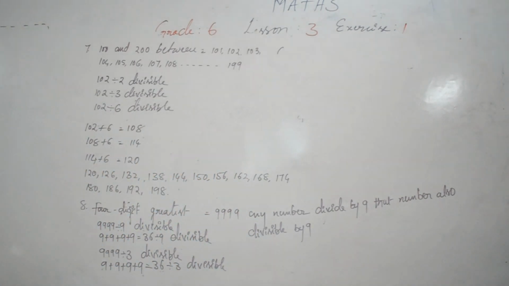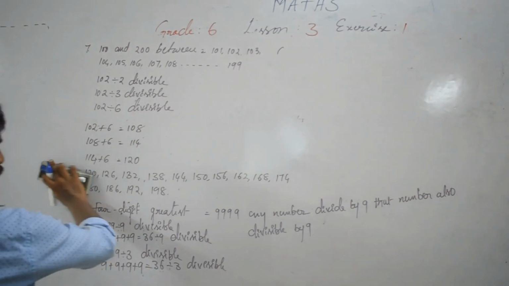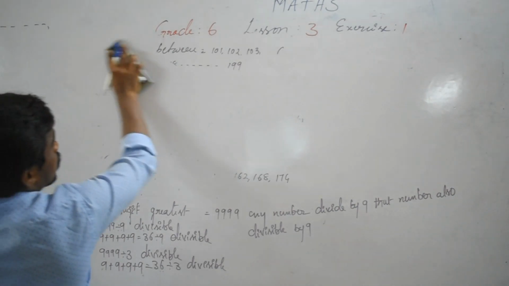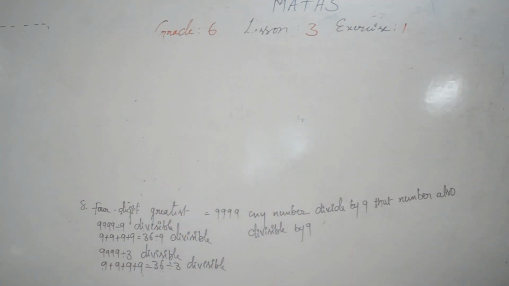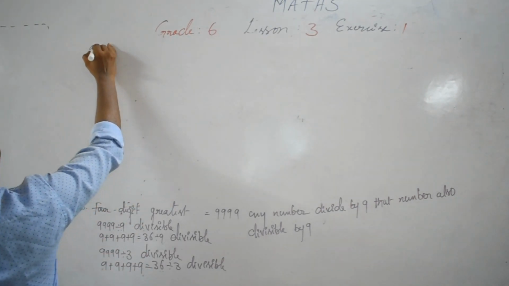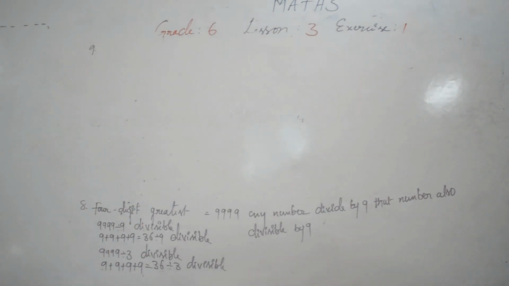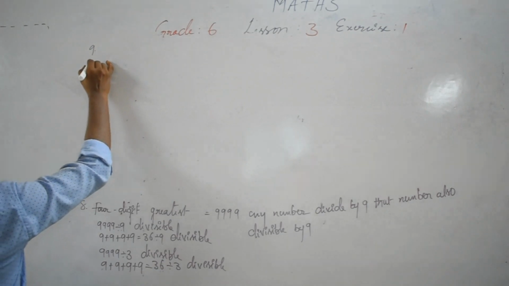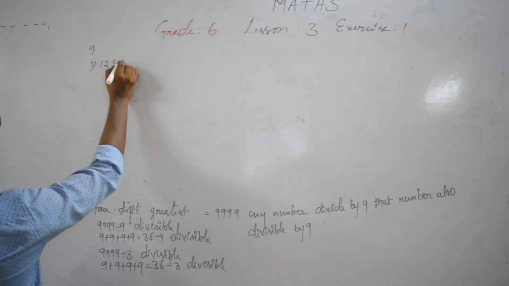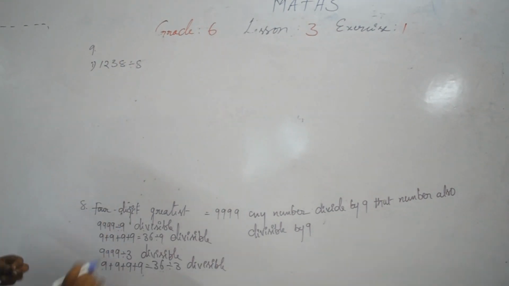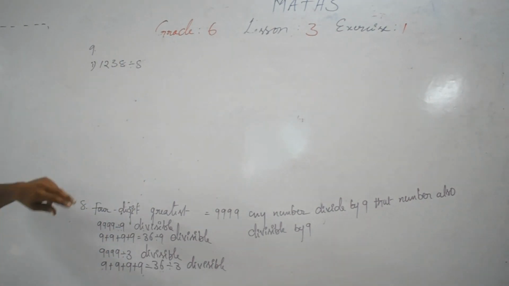Next one, which of the following are divisible by 8? For all these exercises we are using the divisibility rule. There, first one, 1238 divided by 8. Divisible or not divisible?